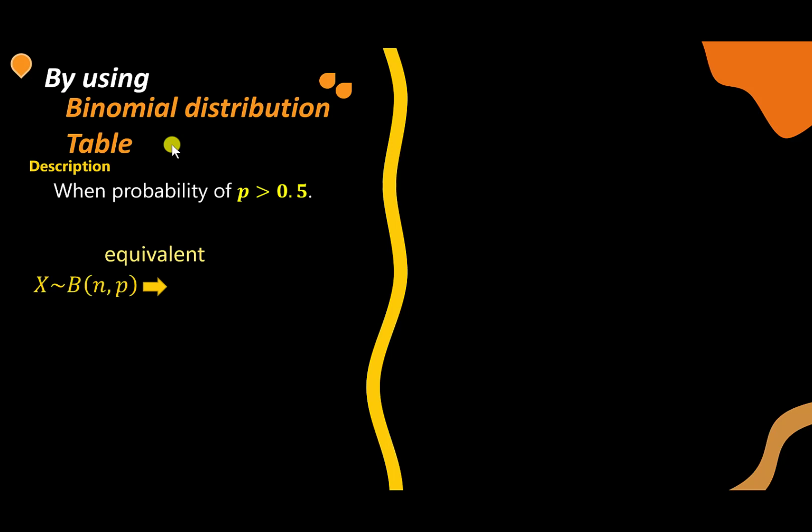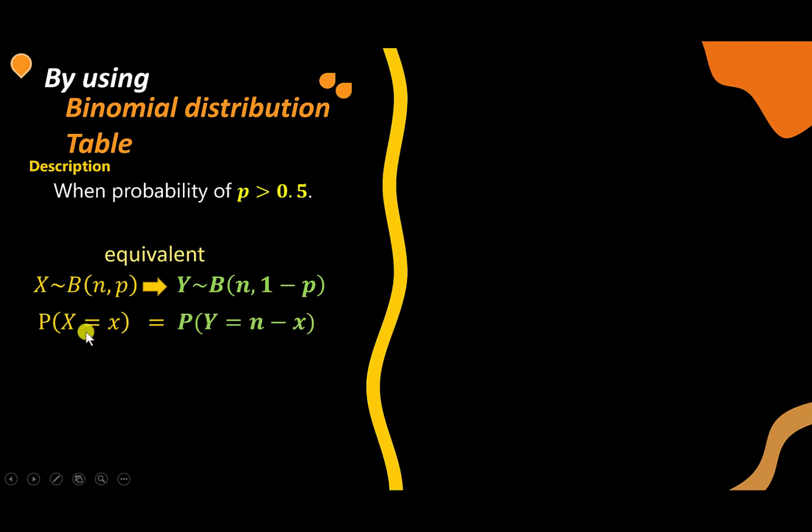For example, if X is binomially distributed with N and P, it is equivalent to the random variable Y, also distributed binomially with N, but the probability here we will use Q. So Q is 1 minus P. If we want to find the probability X equal to small x, where X refers to the X random variable, since P is greater than 0.5, we have to change the random variable and also the number of successes.